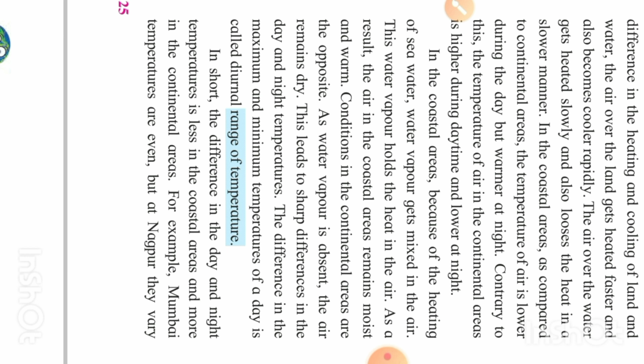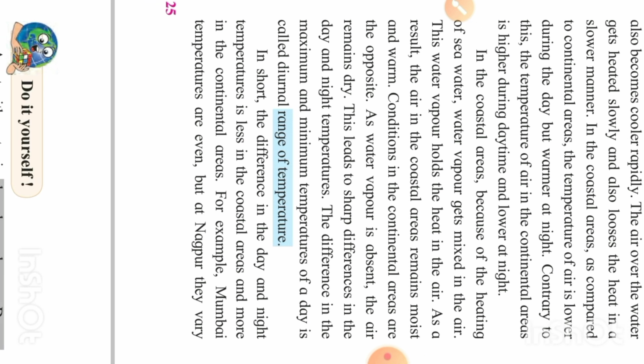I told you the reason, because it can easily release the temperature, because the temperature is all gathered at the surface of the land. The air over the water gets heated slowly and also loses the heat in a slower manner.